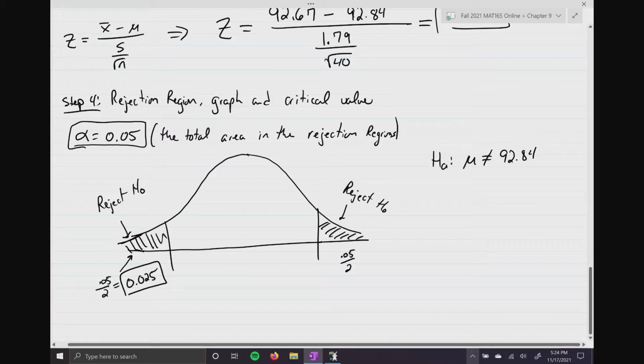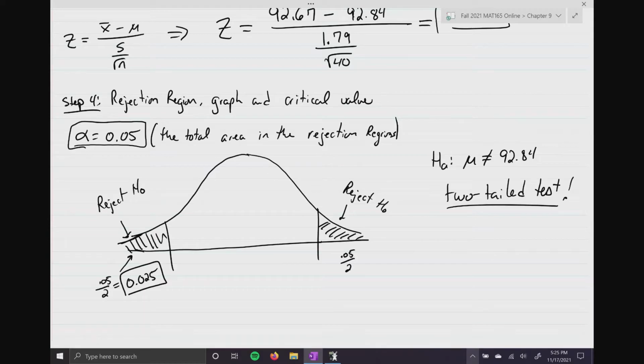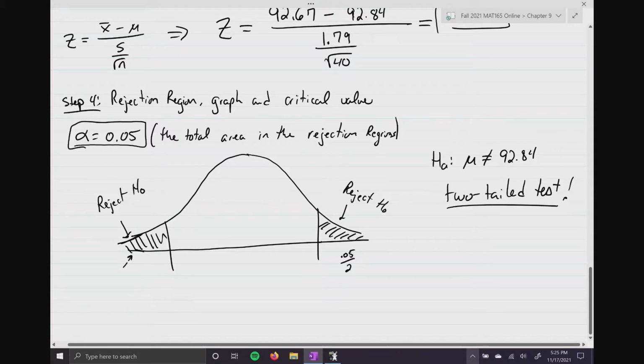You do not look up 0.05. You got to look up 0.025 because you have what we call a two-tailed test. All right? That is crucial that you understand that. Now, what's nice about this is since this is a normal distribution and it's symmetric, if you find the critical value, so let me kind of clean things up here.